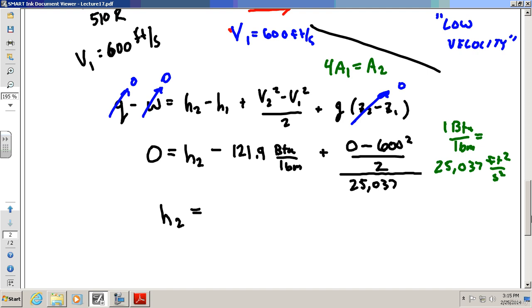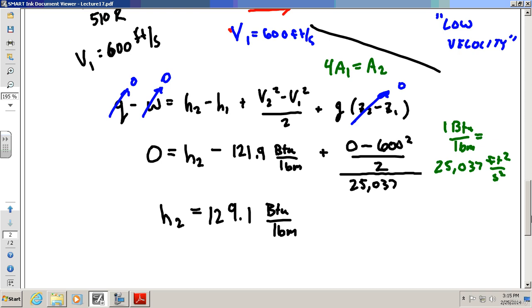Divided by 25,037. Okay, then it doesn't become so big. If you work this out, you get an H2 of 129.1 BTU per pound mass.